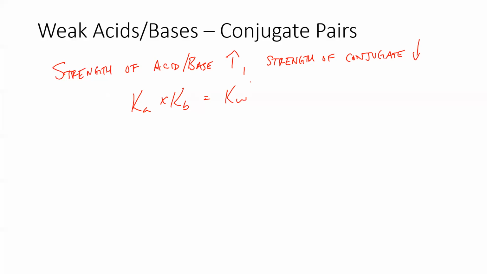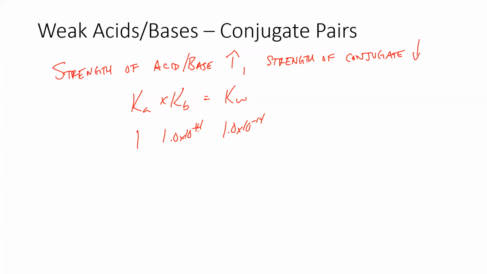A Ka value of 1 is where 50% of the stuff goes to products and 50% of it stays as the reactant. So it's still a relatively weak base, but it gives the Ka value of 1. So if this is 1, and we know this is 1 times 10 to the negative 14, then Kb has to be 1 times 10 to the negative 14.